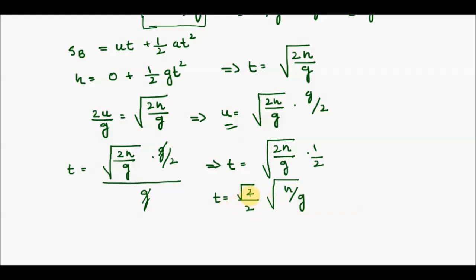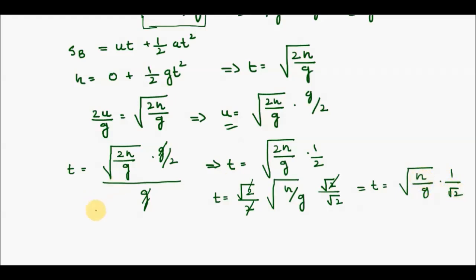Now if I multiply and divide numerator and the denominator by square root of 2, this square root and this square root will become square root whole square, and root and square will cancel out, and I'll be left with 2, and that 2 will cancel out with this 2. I will be simply left with t equal to h over g into 1 by root 2.